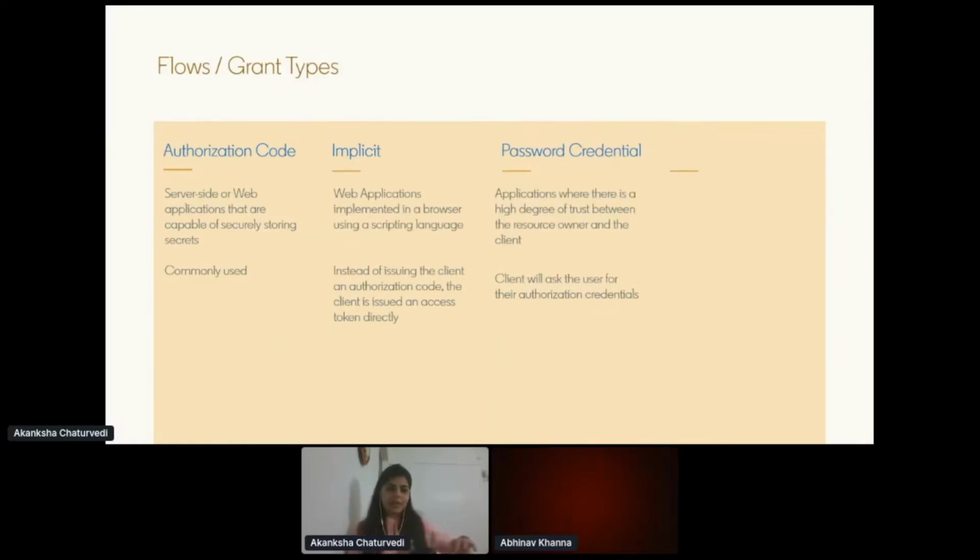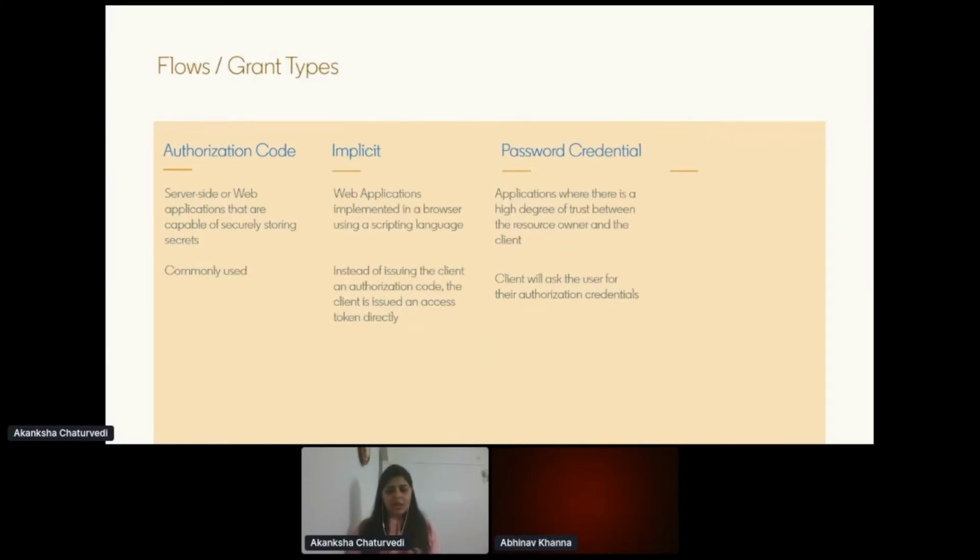And the client will then send a post request with the necessary parameters. And the fourth, the client credential flow. This grant is suitable for machine-to-machine authentication, where a specific user's permission to access the data is not required.